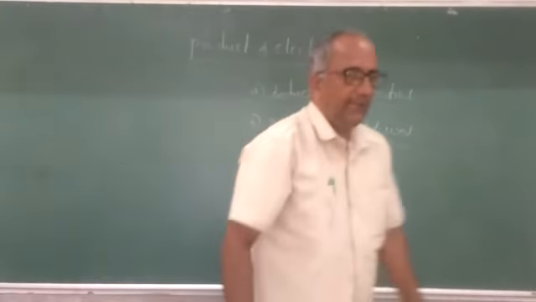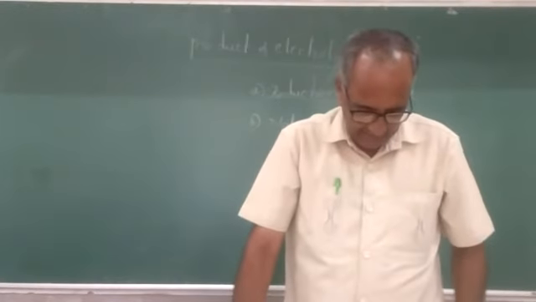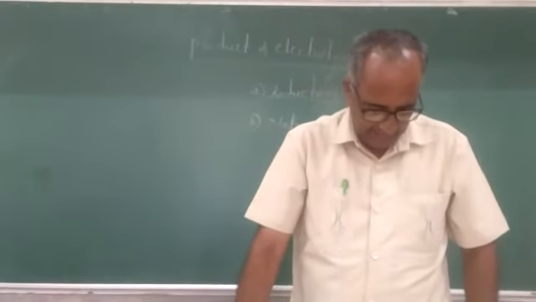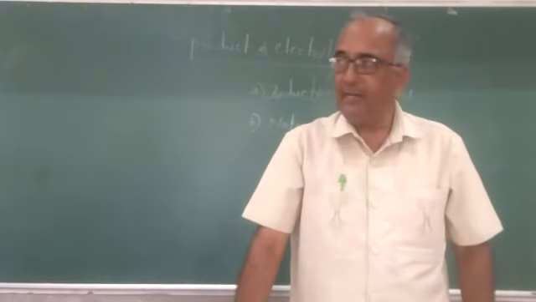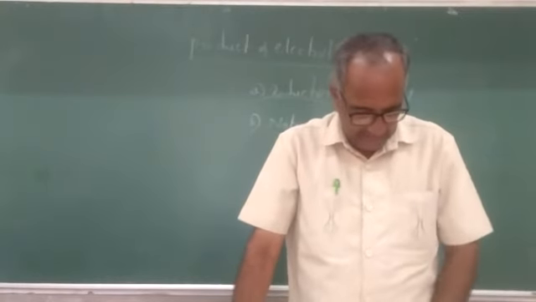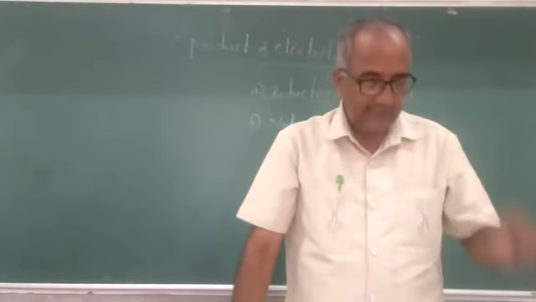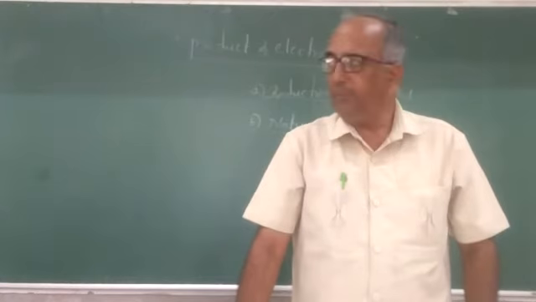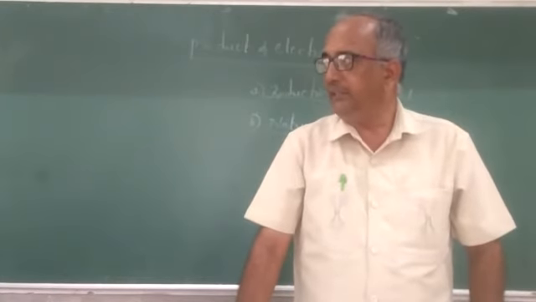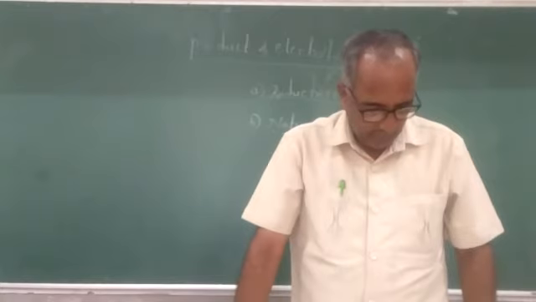The higher the electrode potential, the easier the reduction takes place. The more positive the value of standard reduction potential, the easier the reduction. For example, the standard reduction potentials of silver and copper are 0.80 volt and 0.34 volt.